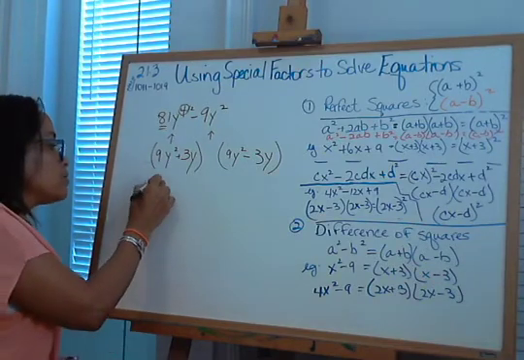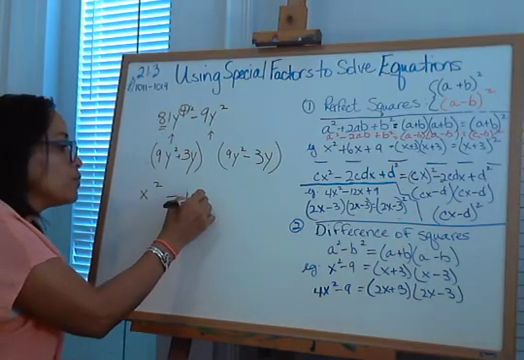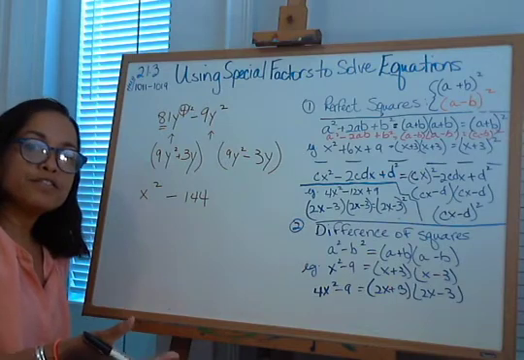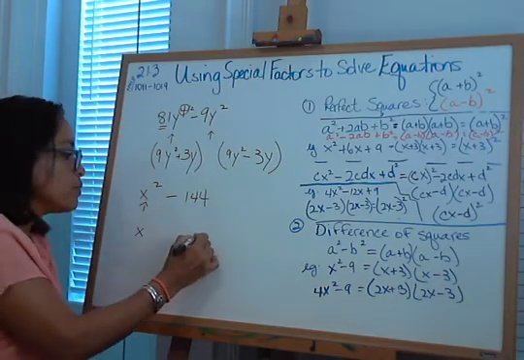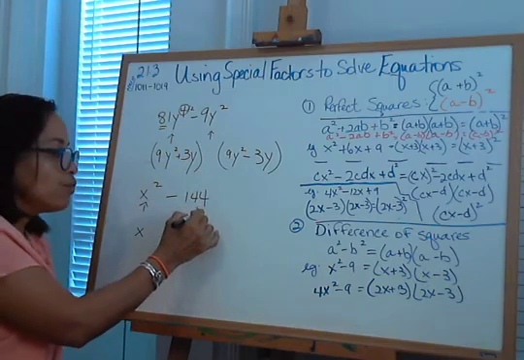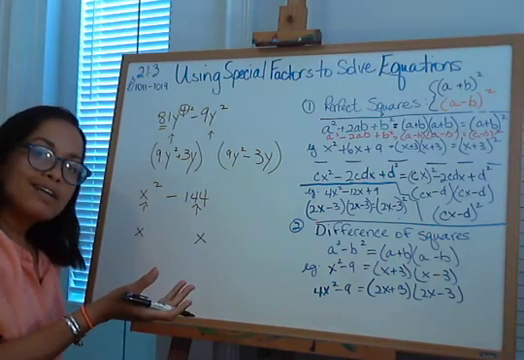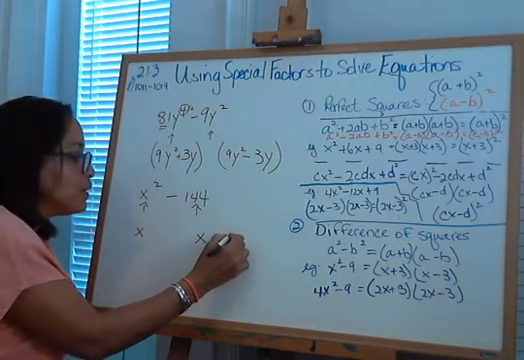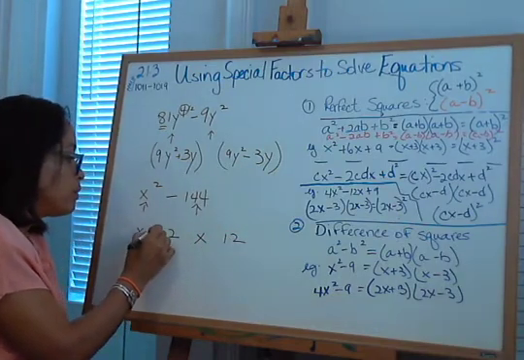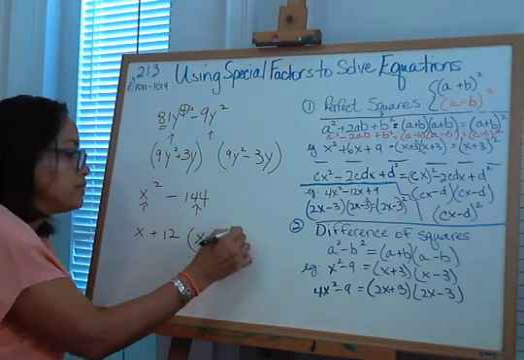Let's go x squared minus 144. Again, this is a difference of squares because x squared, obviously, the square root is x. And 144, if you remember your 12 times tables, the square root is 12. So I have 1 plus and 1 minus.